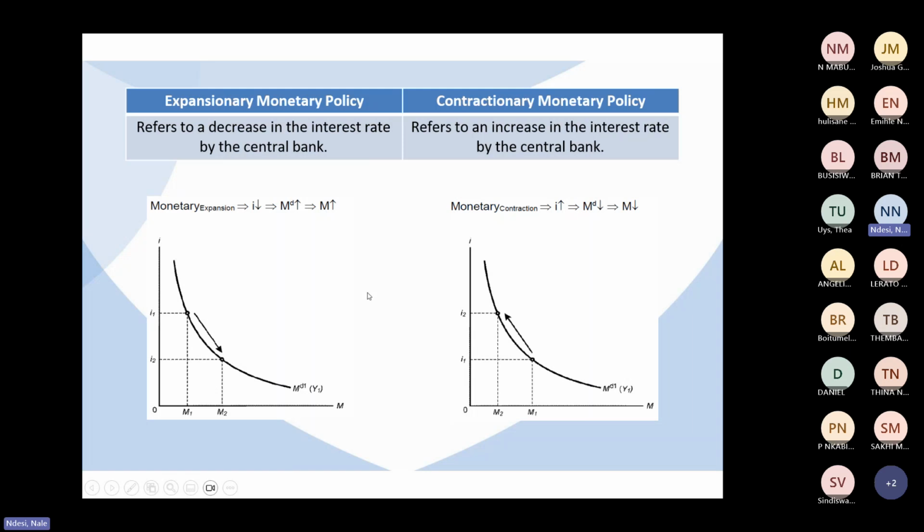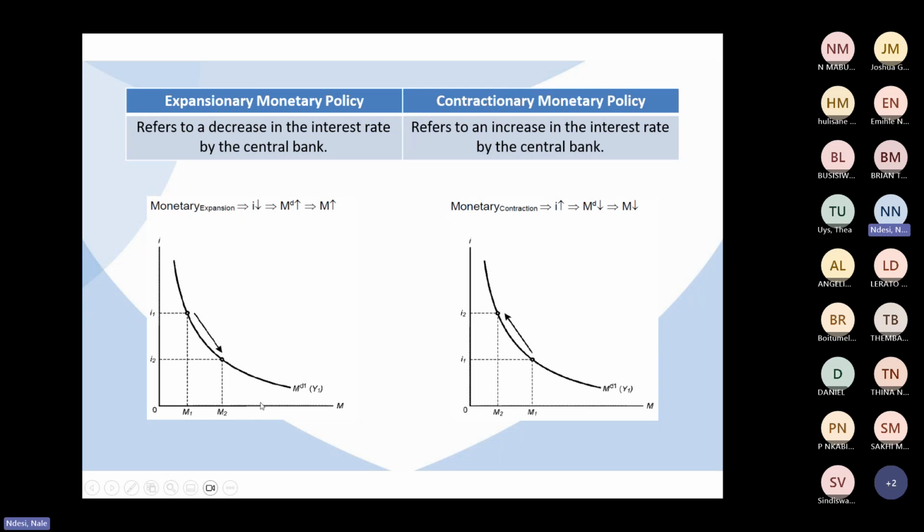So the graph on the left, let's try to explain that in the graph. Expansionary monetary policy leads to a decrease in interest rate from I1 to I2. That decrease in the interest rate will be shown by the downward movement along the Md curve, which in turn increases the quantity of money from M1 to M2.